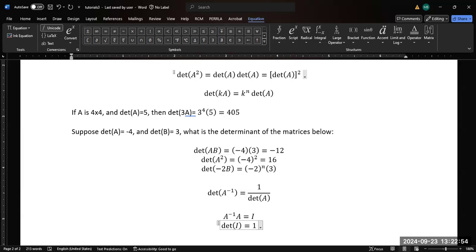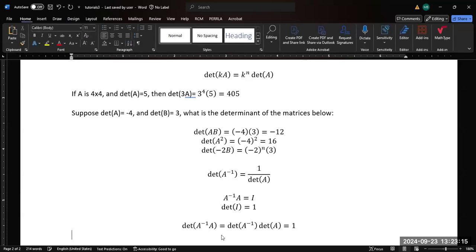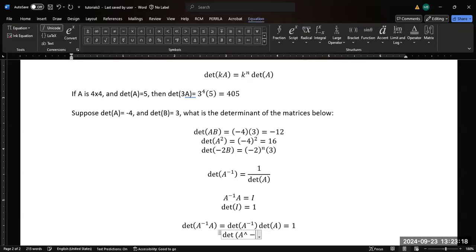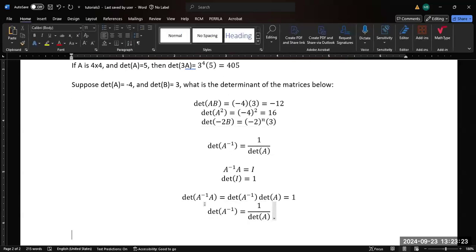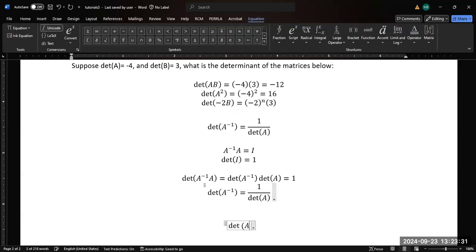It's very easy to figure out what the determinant is. We also know that the determinant of A inverse times A is equal to the determinant of A inverse times the determinant of A, but we just said that's equal to 1, so we can solve for the determinant of A inverse. It's just the reciprocal.